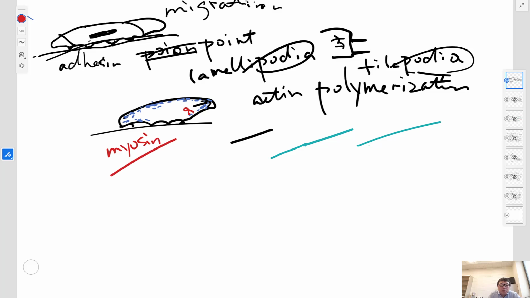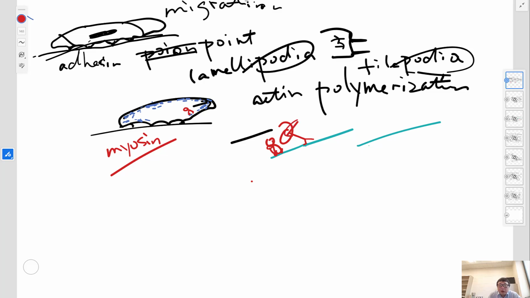Myosin is another motor molecule. Now we have the third motor molecule, myosin. Myosin is a motor molecule. Yes, this is a cargo carrier.